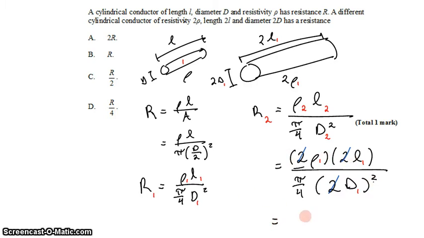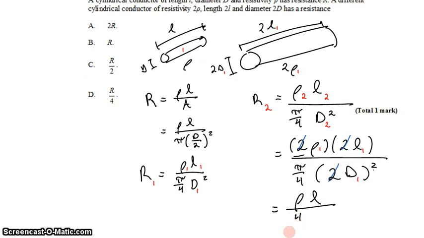And when we do that, what we arrive at is ρ1 L1 on π on 4 d1 squared, which is the same thing as R1. That's what we found before. What that means is that R2 is the same as R1.